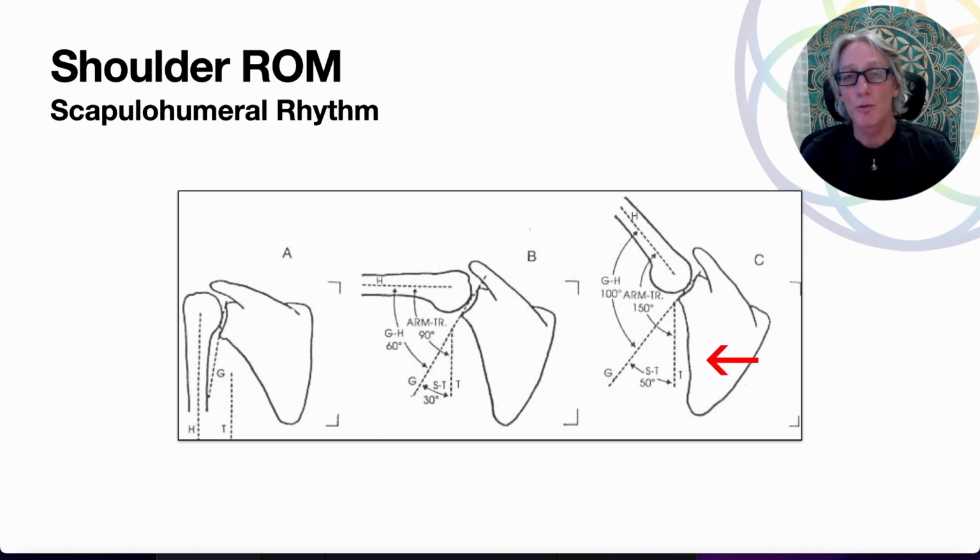If the scapula doesn't rotate enough, you won't have full arm abduction or flexion, because as the arm abducts, you will hit the acromion process, which is part of the scapula, and the humerus will bump right up against this because it can't rotate out of the way. And that's where you get your rotator cuff impingement.